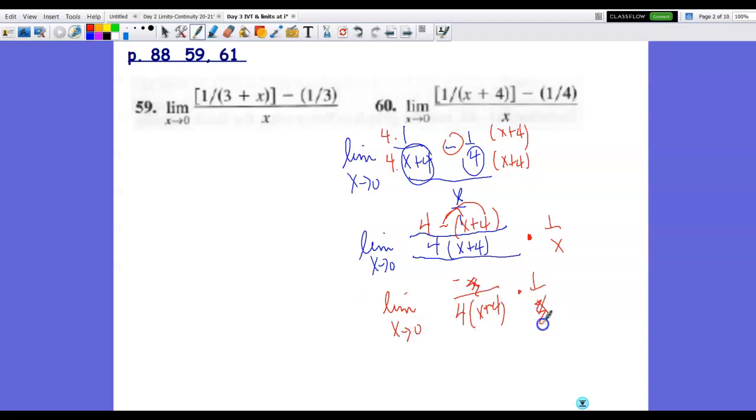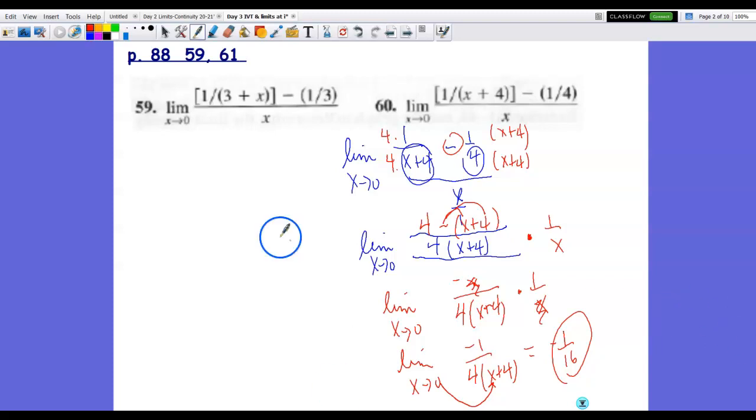So out and out. Now that leaves me with the limit as x approaches 0 of negative 1 over 4 times x plus 4. I can substitute the 0 to find the y value the function is approaching, and I would end up with negative 1 over 16. So that's the y value that this function approaches.